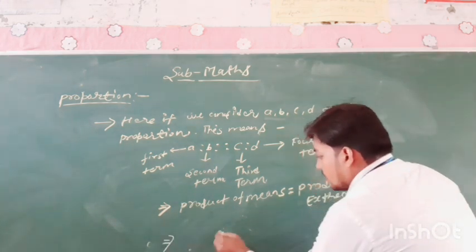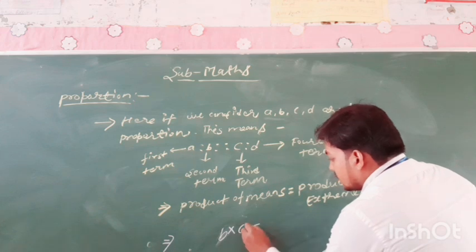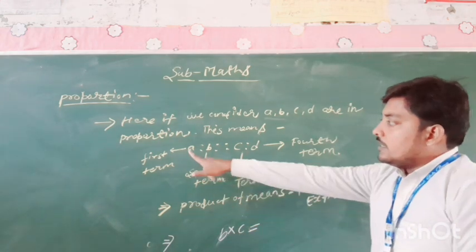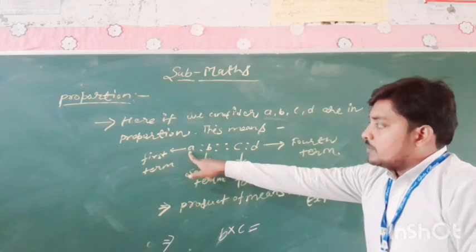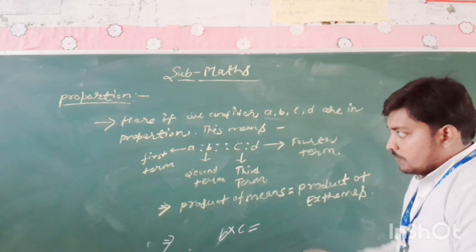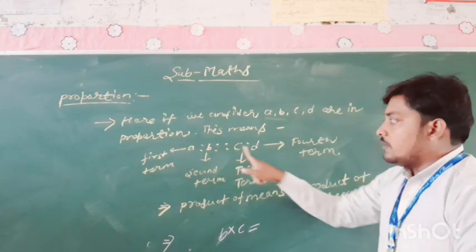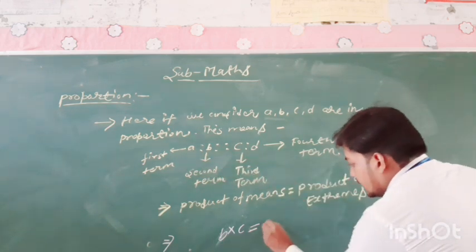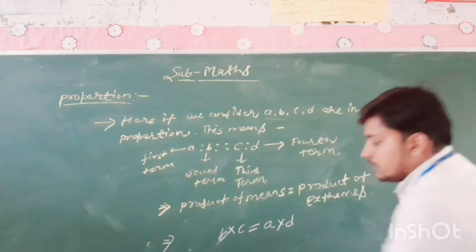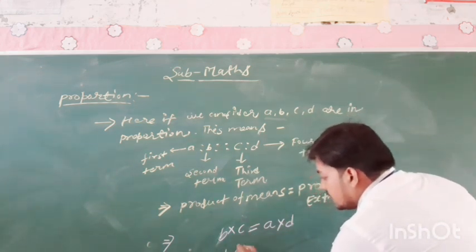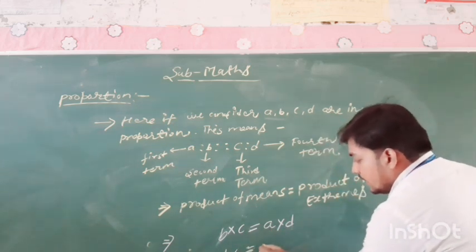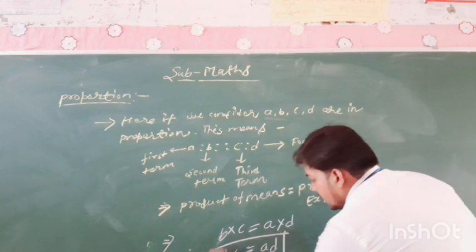And the product of extremes, in this proportion A and D are present in extreme positions, is A into D. Here we will get the relation BC equals AD.